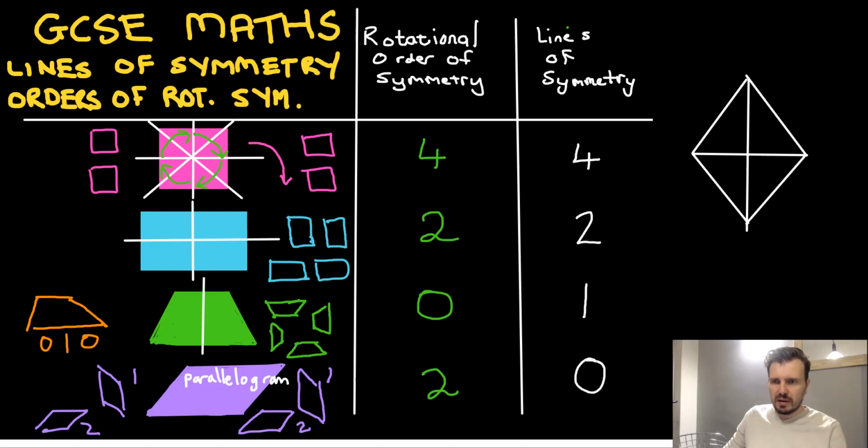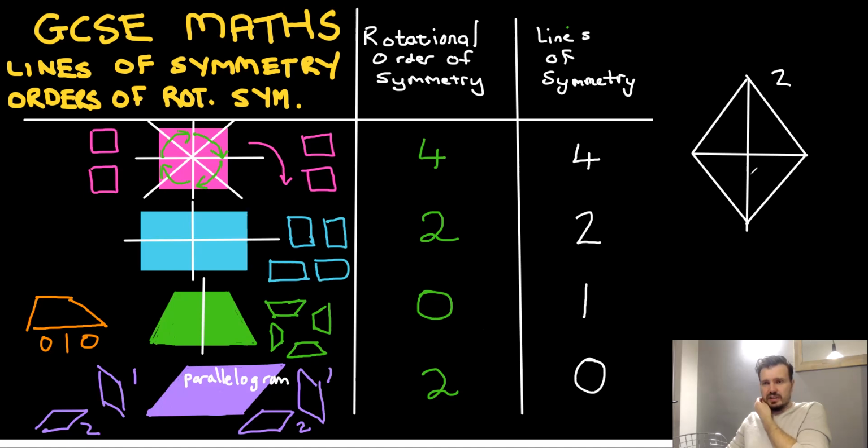So a rhombus has 2 lines of symmetry, as you said. And then the order of rotational symmetry is going to be 2 as well, much like the parallelogram.